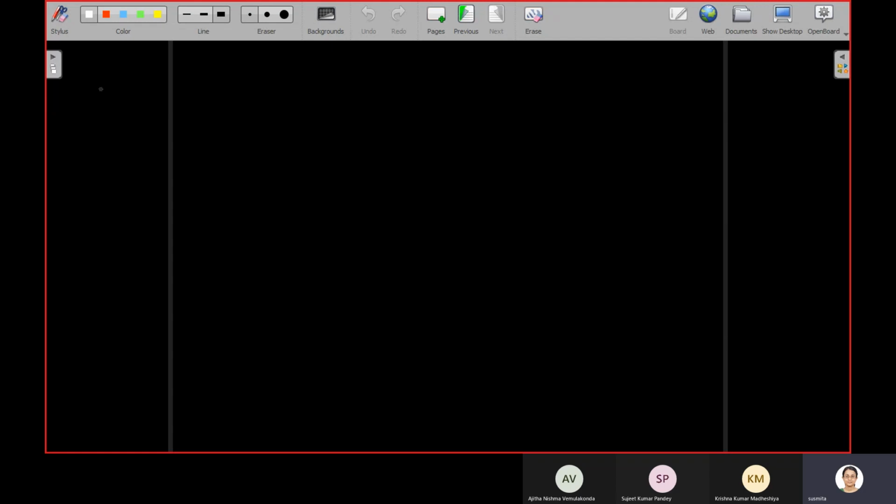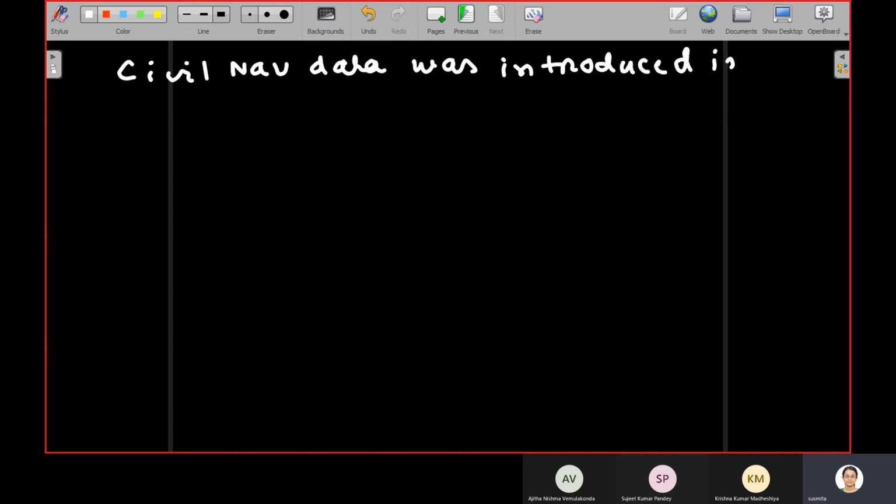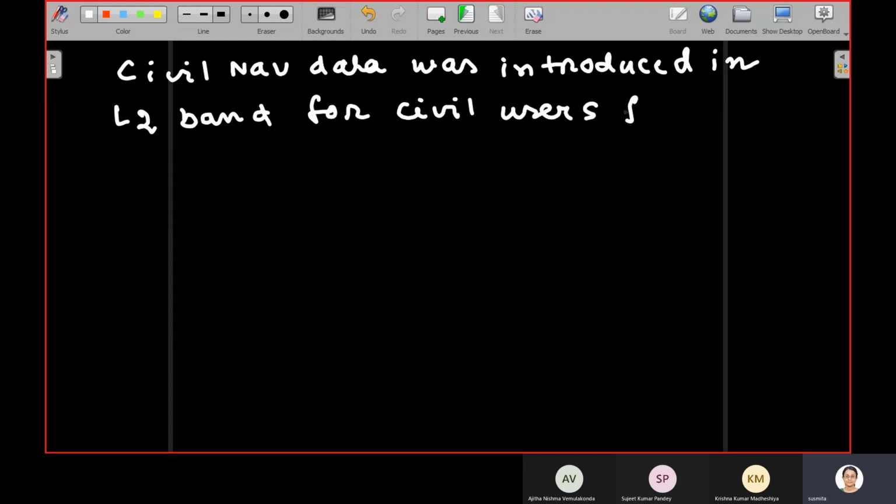Then civil nav data was introduced in the L2 band for civil users from 2RM onwards, block 2RM onwards.